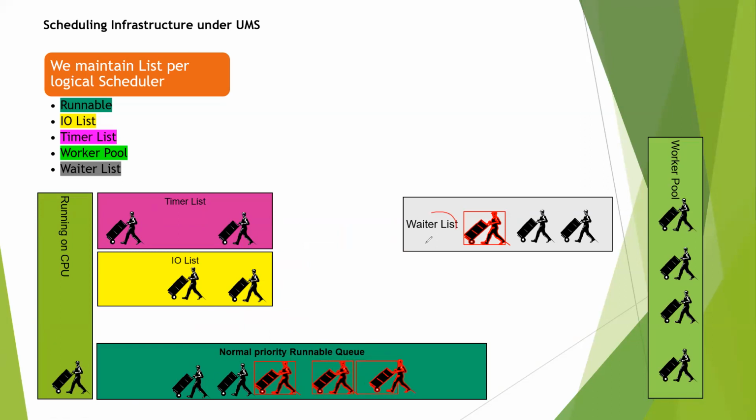At the same time, for the waiter list, once the resource is acquired and the wait is completed, the thread is placed at the end of the runnable queue, right? And if a task is created and a worker is available, then the worker will be assigned to the task and will execute.